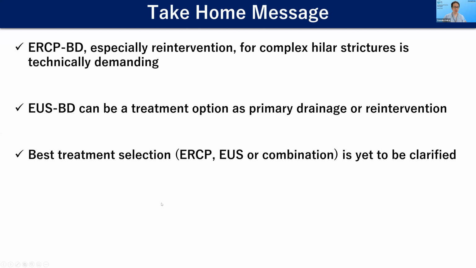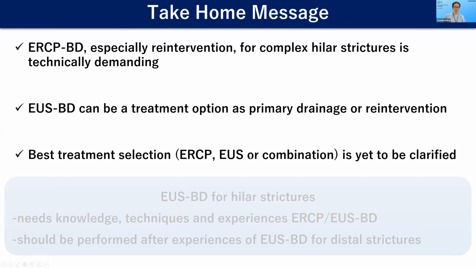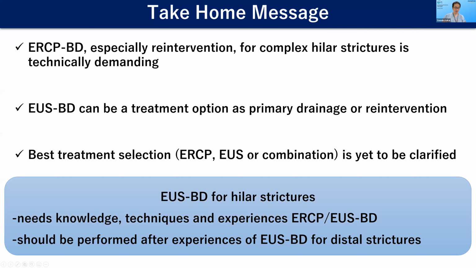However, we don't know which is the best strategy: combination of ERCP and EUS, or EUS alone. We should clarify in the future. And I must say, EUS-BD for hilar stricture is technically difficult. We need knowledge, techniques, and experience of ERCP and EUS-BD.